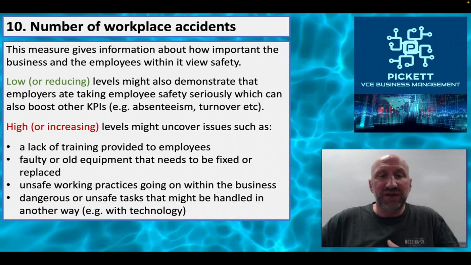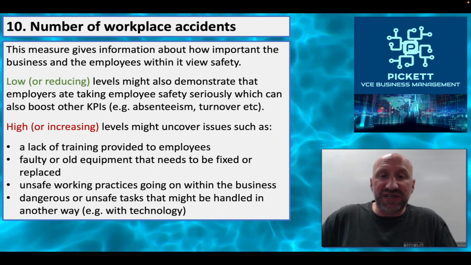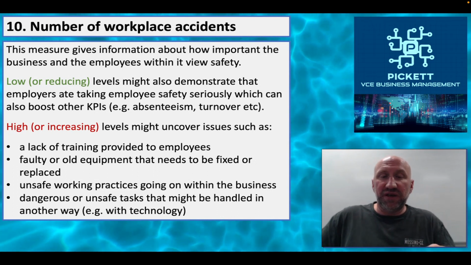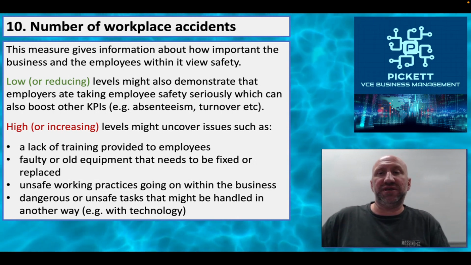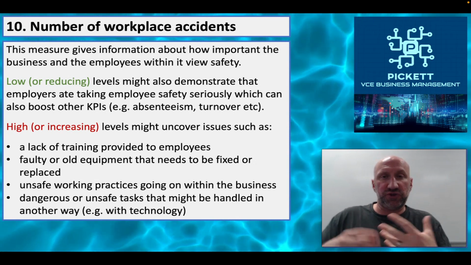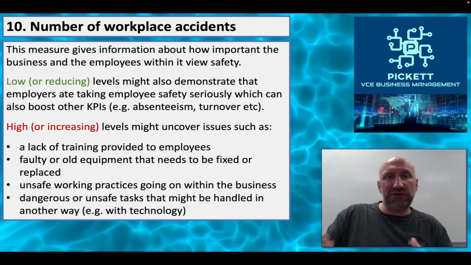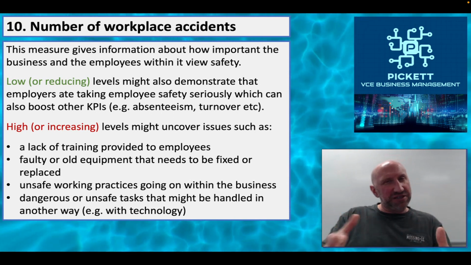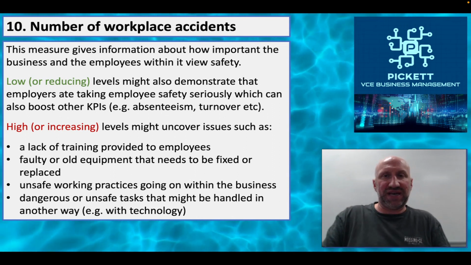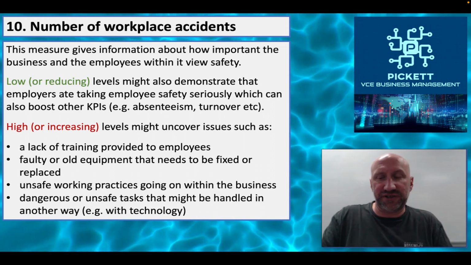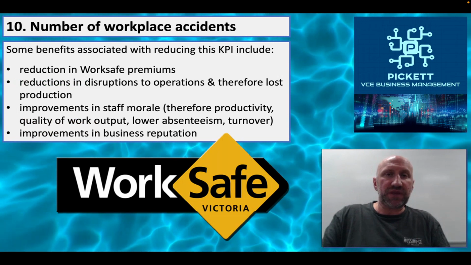We need to change that. It might uncover some dangerous or unsafe tasks that we might be able to do in a different way. For example, introducing some technology that could do it instead. Okay, so again, lots of different kind of insights into the business by measuring the number of workplace accidents. It can take you in lots of different directions.